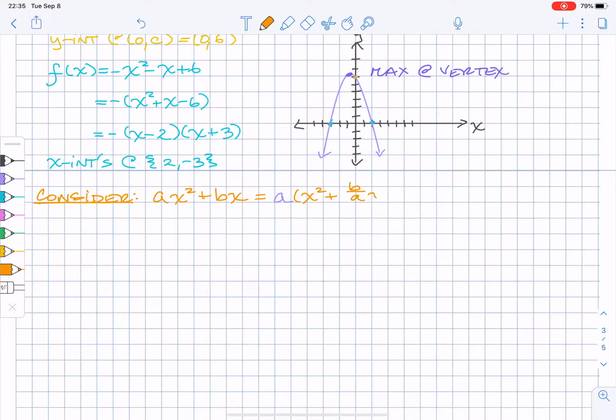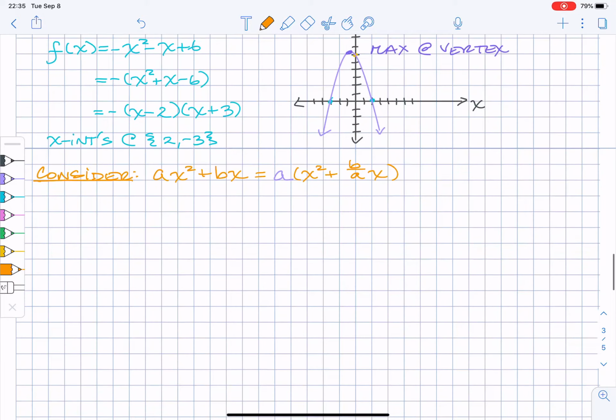Remember, when you factor, you divide each term by what you're factoring out. And what I want is a perfect square.